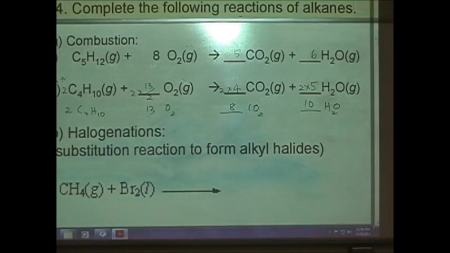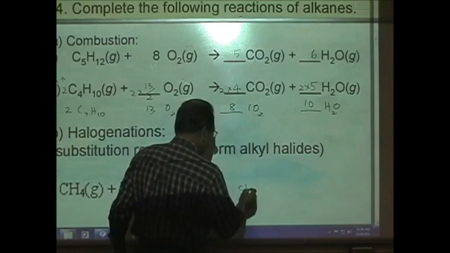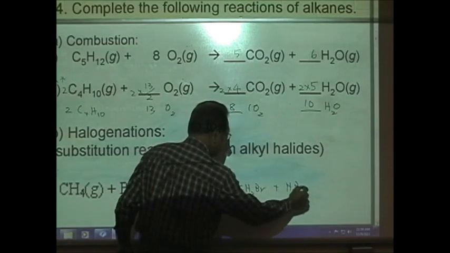Is that got? Now one of the other reactions we talked about is halogenation. These are still alkane reactions. Why I'm doing this is we are going to alkene reactions, and I wanted to contrast. These are the main reactions of alkanes. Now we have CH3Br plus HBr, right?